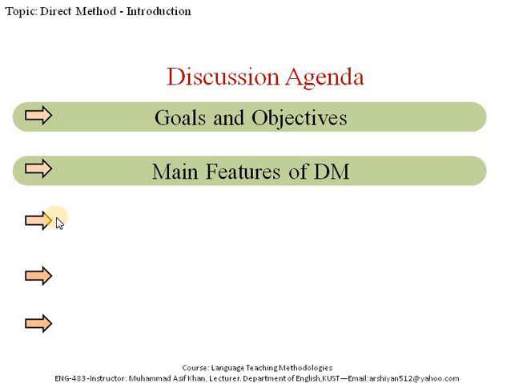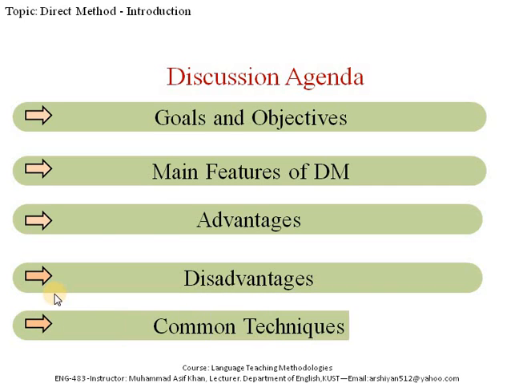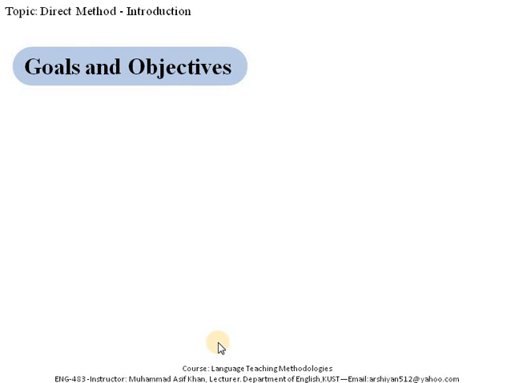The main discussion of today's lecture is that we will study the advantages and disadvantages of this method, and in the end I will tell you some of the common techniques used by teachers and the theorists of the direct method.